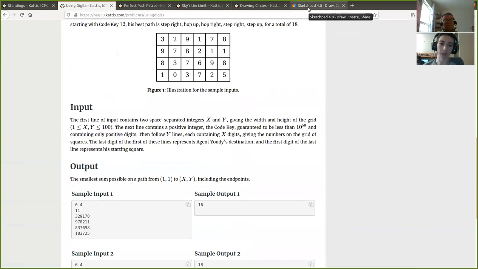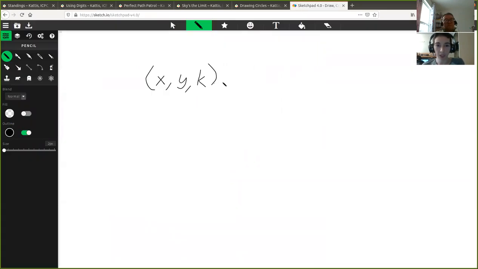Or maybe I could say which digit is next, and then K would be the end, so like an empty paper. So if these are the states, we have all the information about where we are and what we're allowed to do.